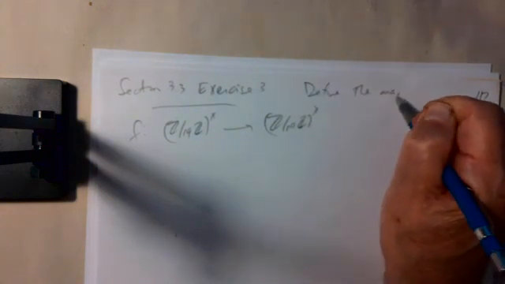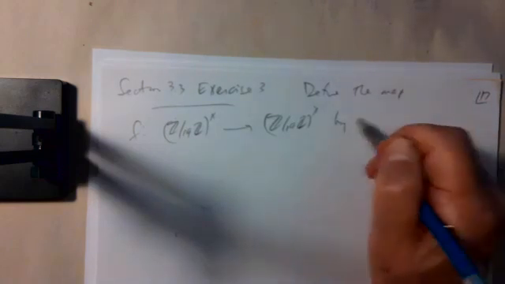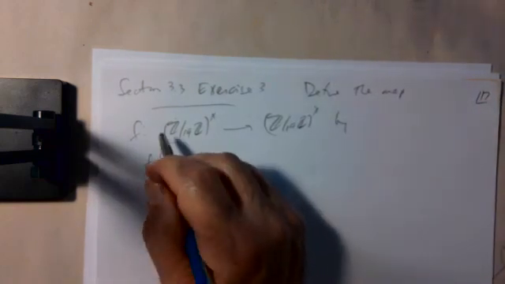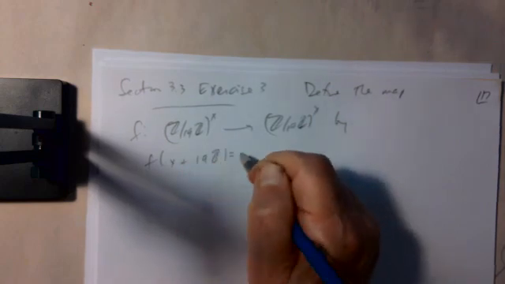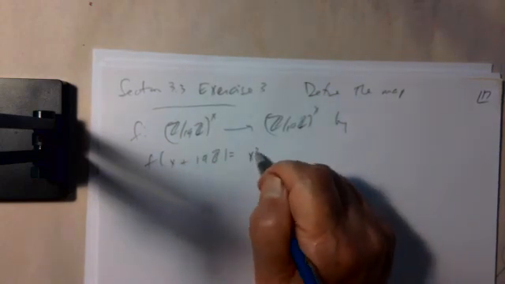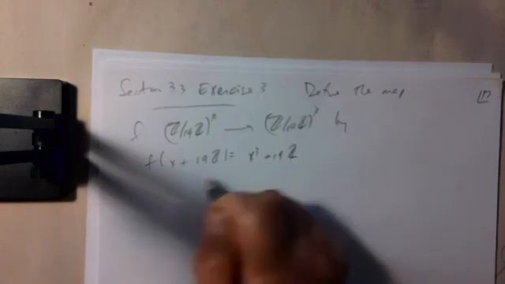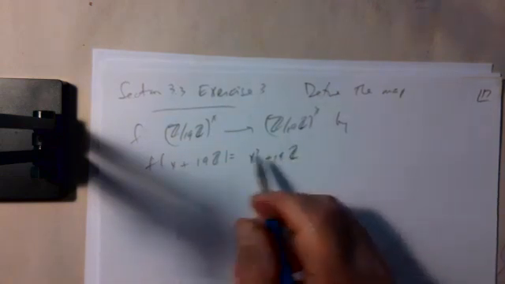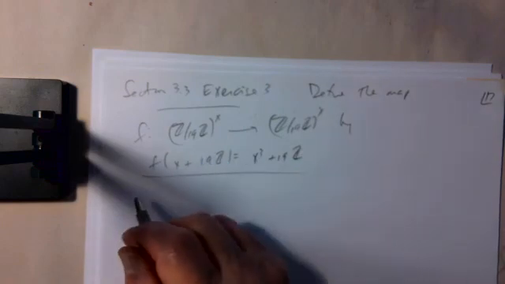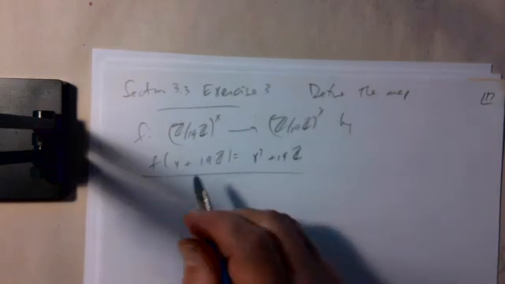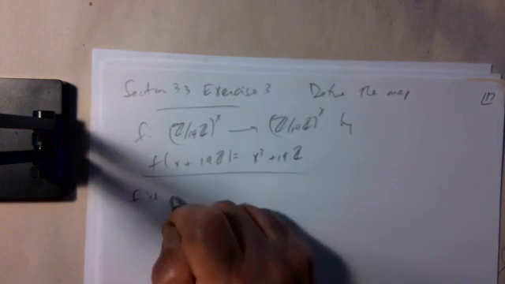So define the function by f of the congruence class x plus 19z is going to be x cubed plus 19z. So we're cubing. So prove that f is a homomorphism.